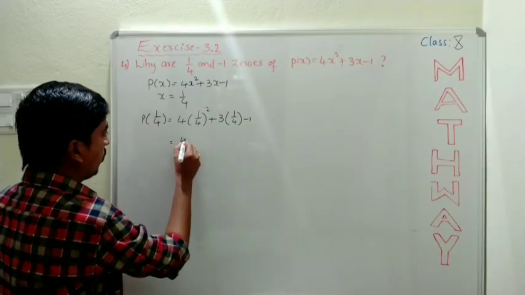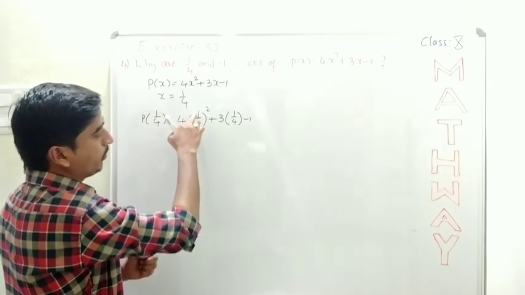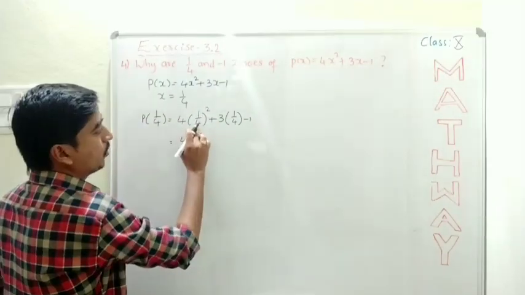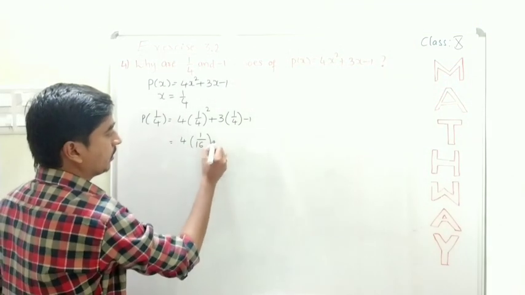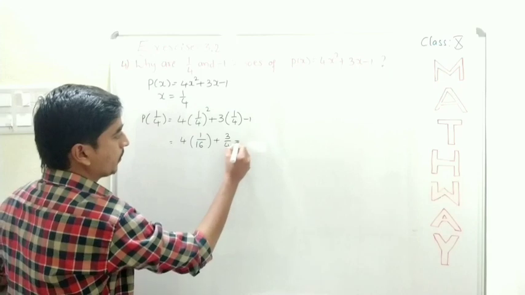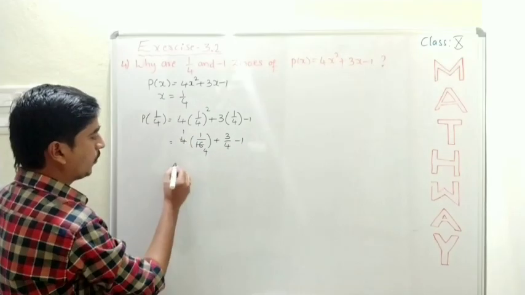So it is 4 of 1 by 4 whole square, which means the square is for both numerator and denominator. 1 square is 1 and 4 square is 16, plus 3 into 1 by 4, it is 3 by 4, minus 1. So we can cancel it. 4 1s are 4, 4 4s are 16.